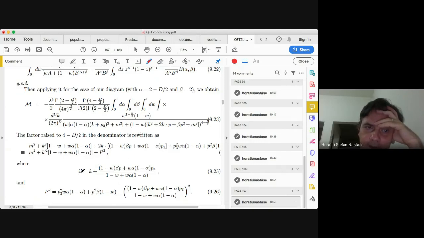So I define now the shifted k prime as k plus this thing that depends on p. It also depends on p3 because there was already a shift in here.